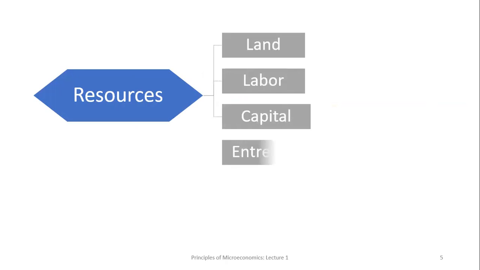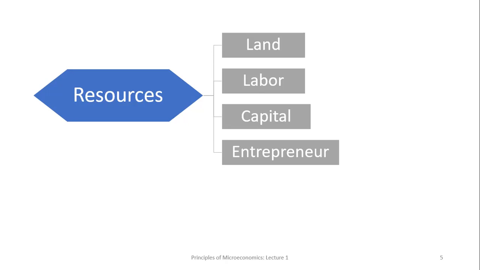Now let's look at another dimension before coming properly to the definition of economics. We have studied about the resources. We categorize all the available resources in an economy into four classes.